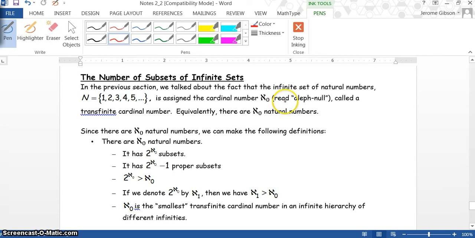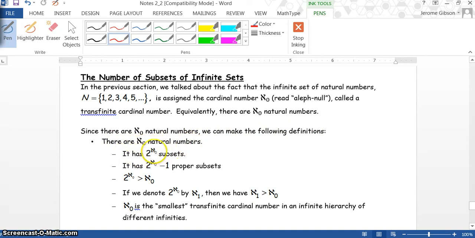As you see, we have this symbol here, which is alpha null, called a transfinite cardinal number. Equivalently, there are alpha null natural numbers. Since there are alpha null natural numbers, we can make the following definitions.